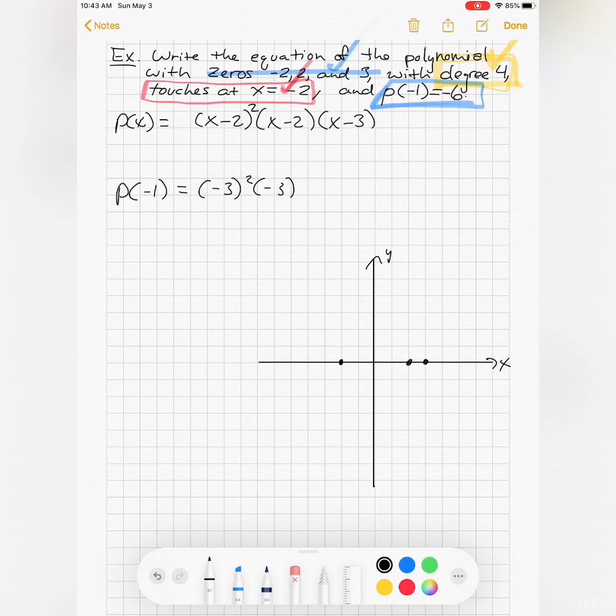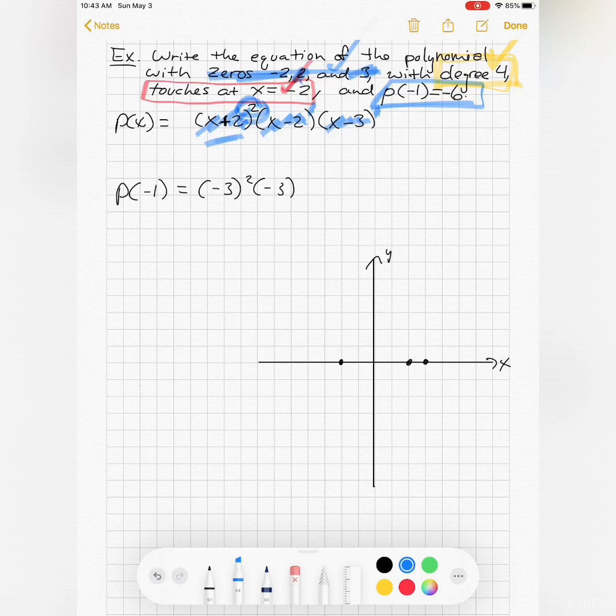I think I erased the plus here. Okay, let me just go through one more time and make sure everything looks okay. So I have zeros at -2, that's x plus 2; 2 factors x minus 2; 3 factors x minus 3. Degree is 2, 3, 4. Touches at x equals -2.